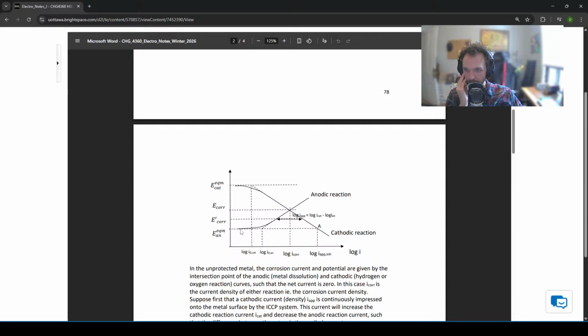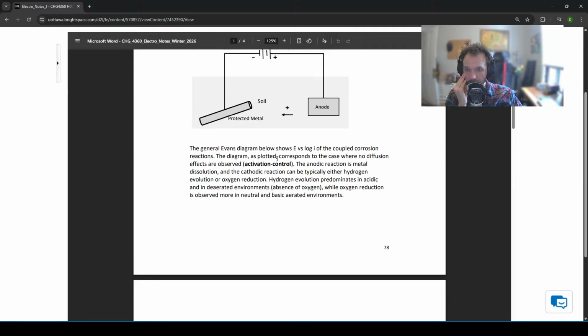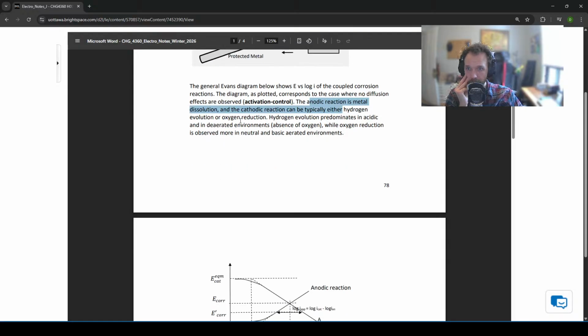So here we have the anodic reaction. Yeah, anode oxidation, cathode reduction.